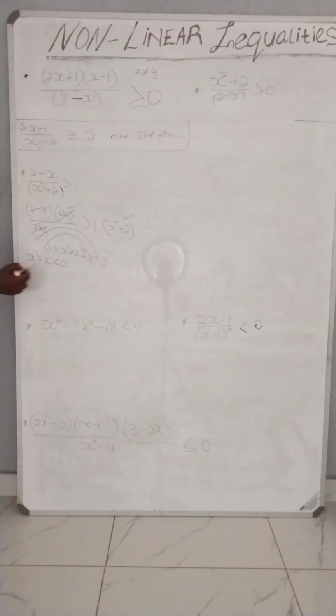So then when you factorize, you'll have x into (x plus 1) is less than 0. And this is the same as (x minus 0) into (x plus 1).